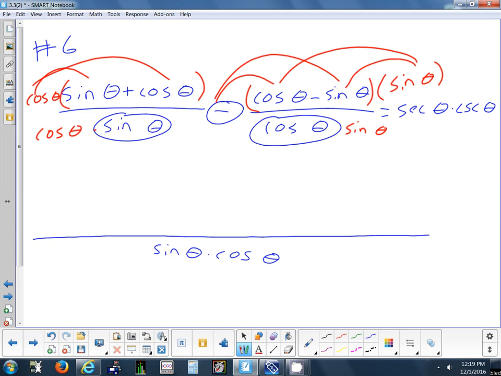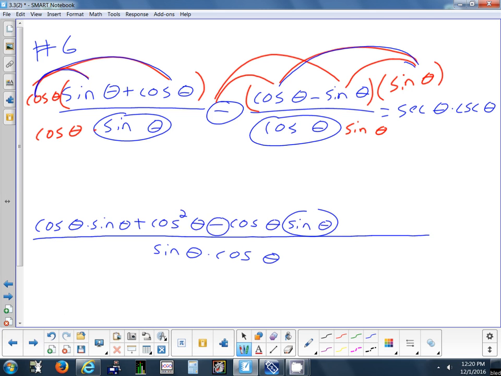So basically, in the second set of parentheses, it's like you're distributing a minus sign. So as I do this out, I get cosine times sine, and then I get cosine times cosine, and then in the next part, I'm going to distribute this as a negative sign, okay? So I'm distributing the negative and the sign at the same time. So I get minus cosine sine.